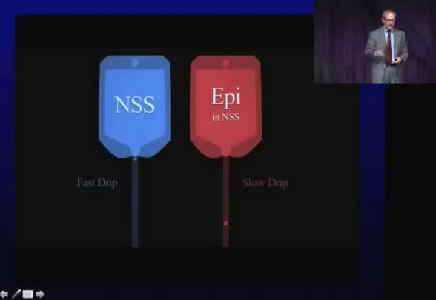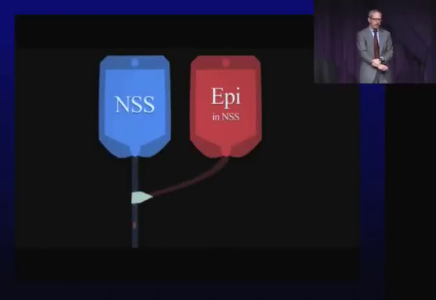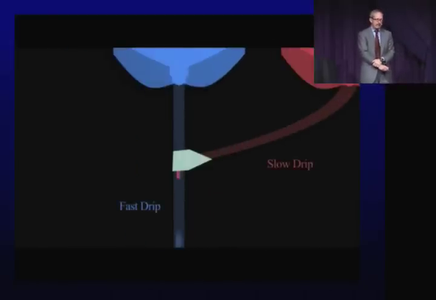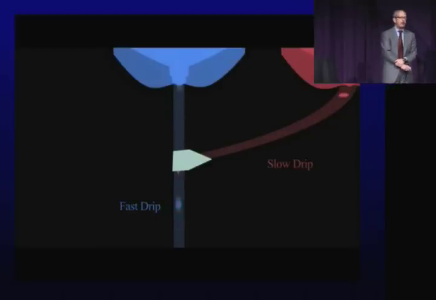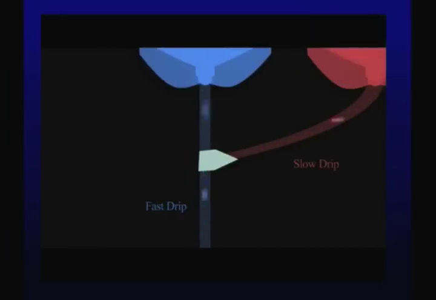What I mean by that is that the epi going slow is going to be put into that river of normal saline going fast, so that the slow drip of epi, 1 milligram in 1 liter at 1 cc a minute, goes into the fast normal saline mixture, and that gets into the patient.